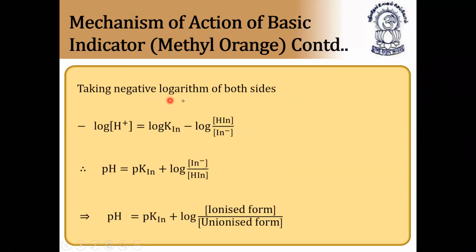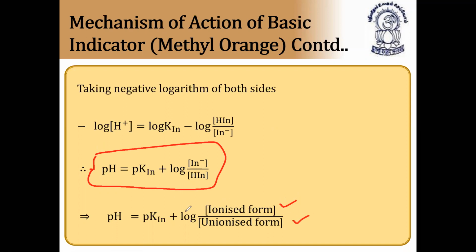Taking negative logarithm on both sides, minus log [H+] is equal to minus log KIN minus log [HIN]/[IN-]. So the formula for finding the pH of the indicator is pH = pKIN + log [IN-]/[HIN], that is, ionized form by unionized form.